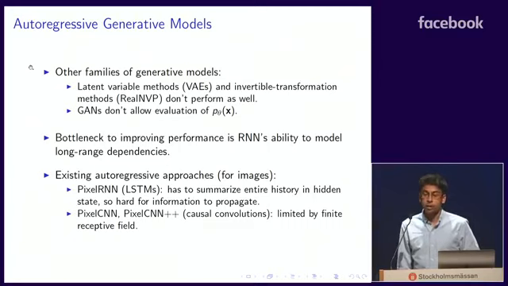This is better because your convolution has more direct access to the elements near it, but you have a finite receptive field. If you want longer dependencies, you need to add more layers. But if you add too many layers, then you have a long distance that your information has to travel. So this is also fundamentally not as good.